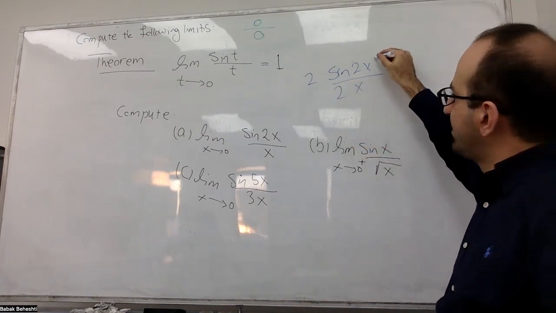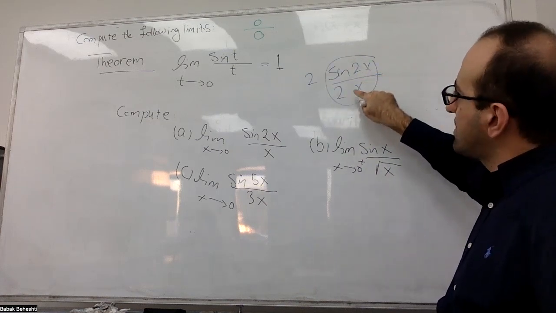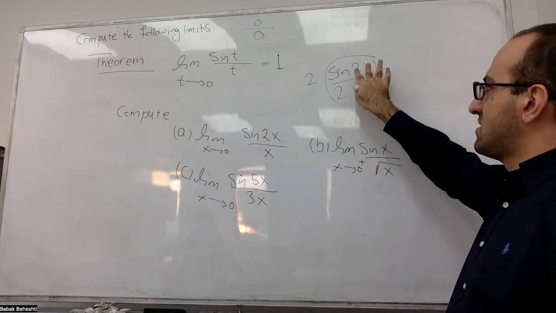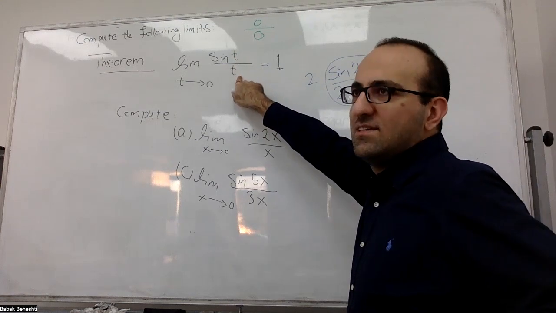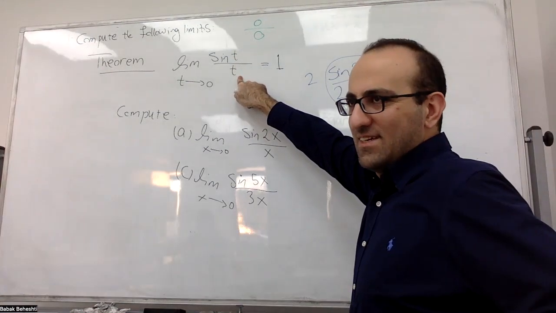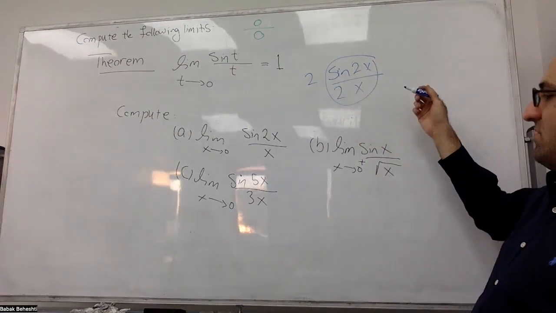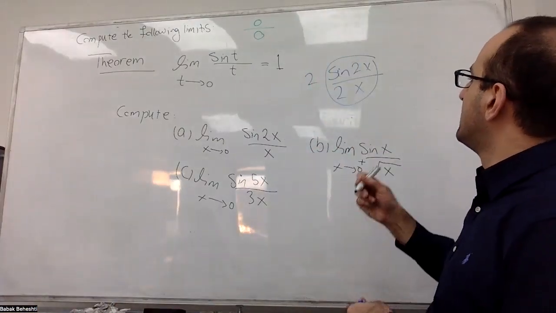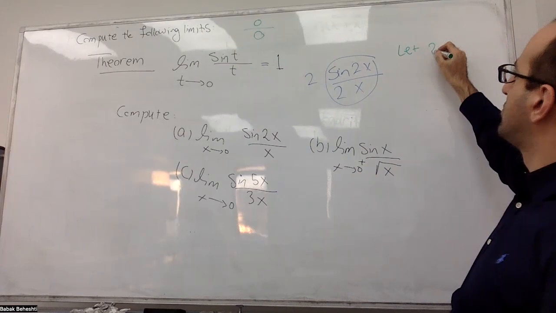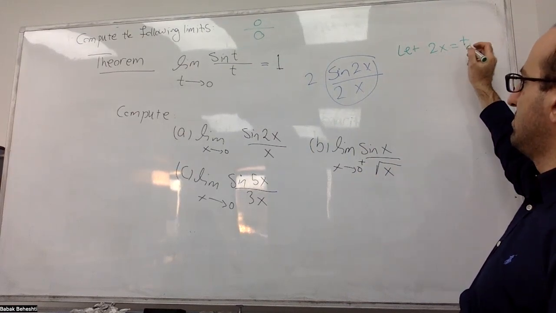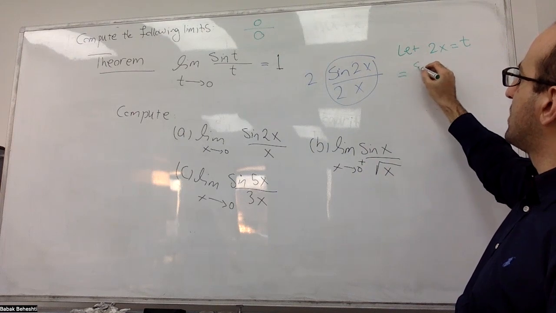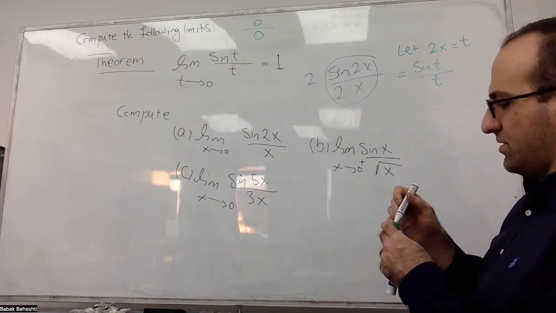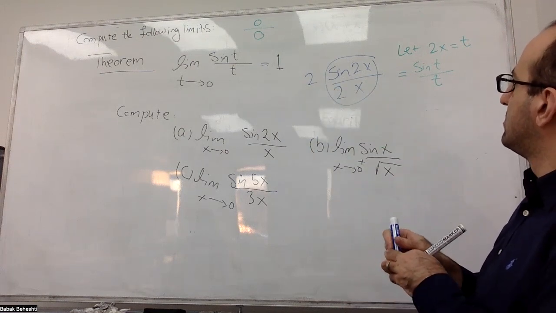But here you have sine 2x over 2x, similar to t over t. So you can change your variable. Let 2x be equal to t. Then this would be sine of t over t, but there is also a 2 here.